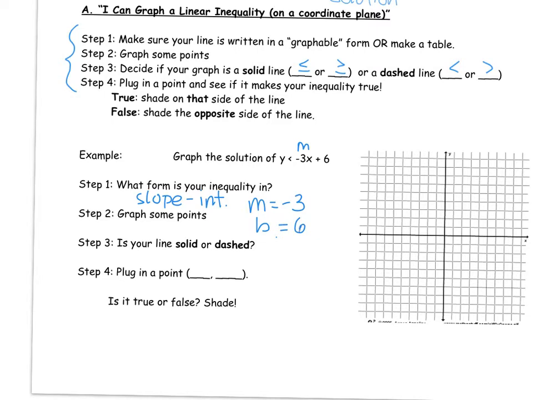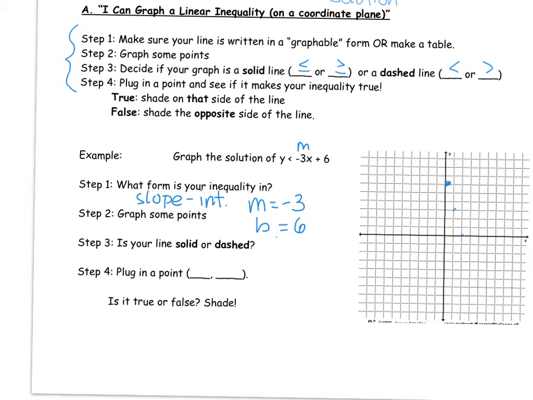Begin with the b, so start by going up 6: 1, 2, 3, 4, 5, 6. And move with the m. So this goes down 3, over 1. Down 3, over 1. And we graph our line through there. We're just putting the points on so far.